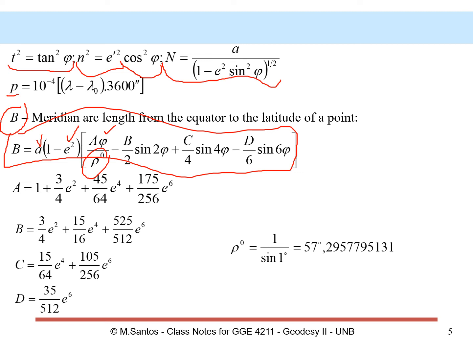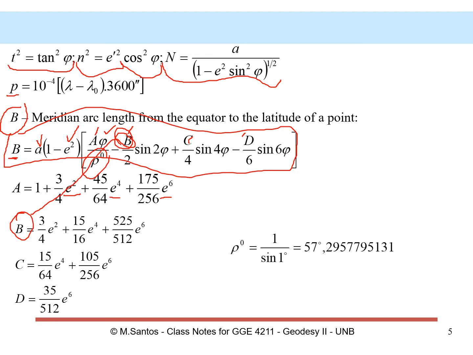We have these terms A, B, C, D, which are given in here. They are nothing else but power expansions as a function of the eccentricity. And this term B here corresponds to this B here, not to be confused with the arc of meridian.